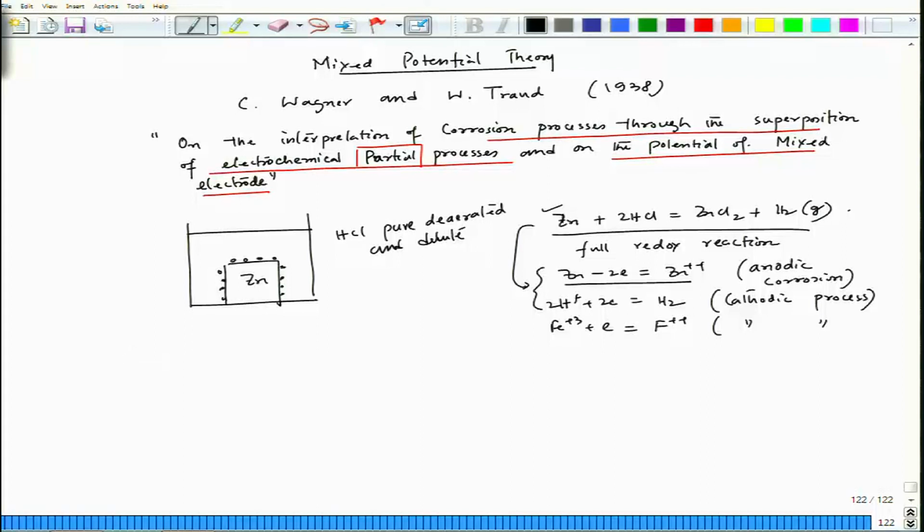So, from there the first hypothesis has been drawn.